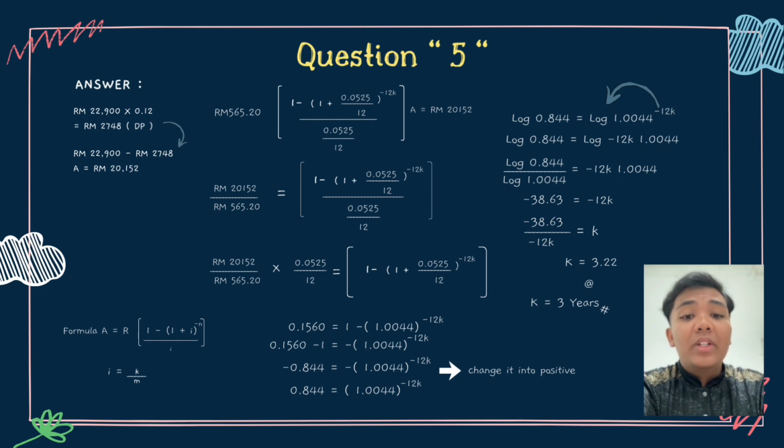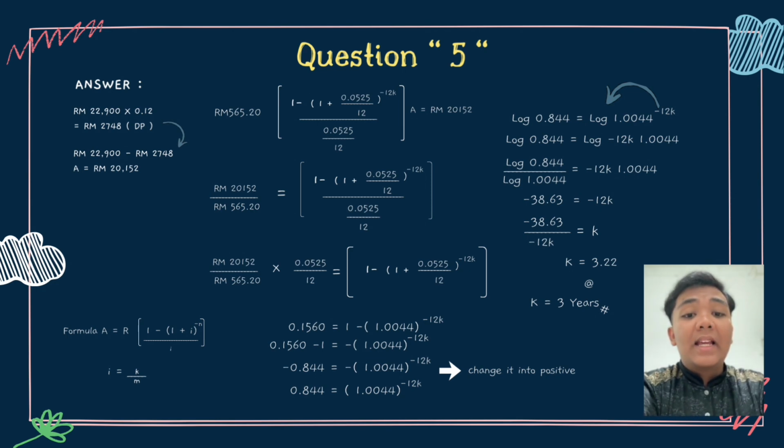Then we need to move the number 1 to the left, and we get 0.1560 minus 1 equals negative 1.0044 power negative 12k. Then we calculate 0.1560 minus 1 and we get negative 0.844 equals minus 1.0044 power negative 12k.